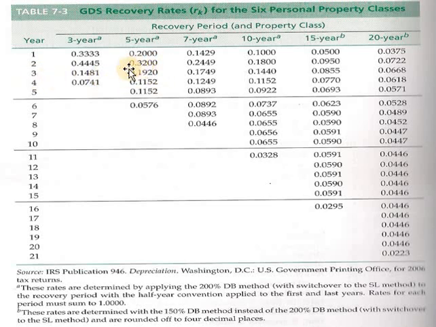This is the value that I'm going to use to calculate depreciation at year 3. So depreciation at year 3 will be this recovery rate multiplied by the book value, the cost basis.